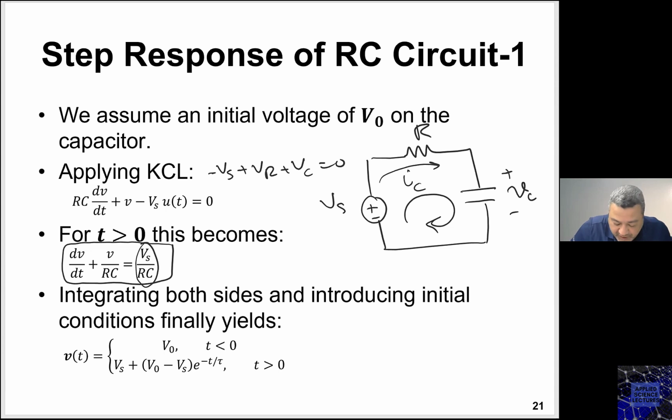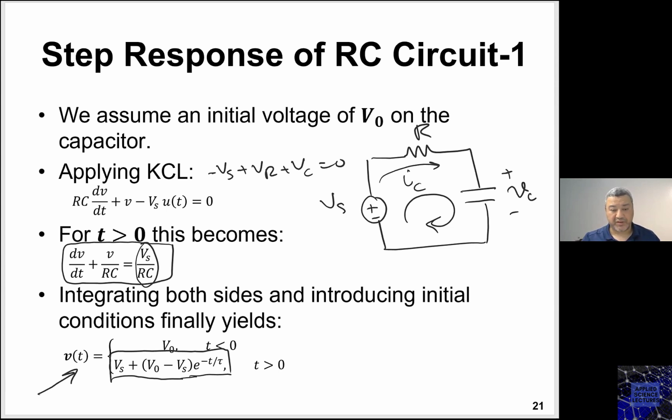So by integrating both sides and introducing the initial condition, what is important for you to know is that the voltage is, of course for t greater than 0, Vs plus (V naught minus Vs) e to the power minus t over tau. So this is now the voltage response for a circuit in a step response.